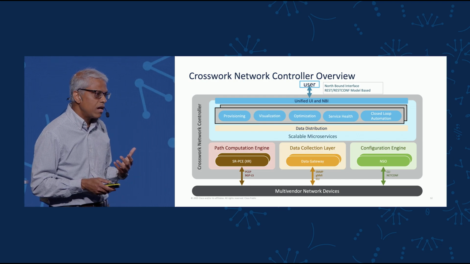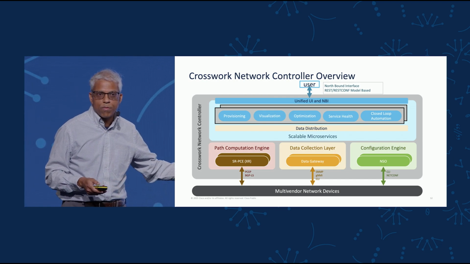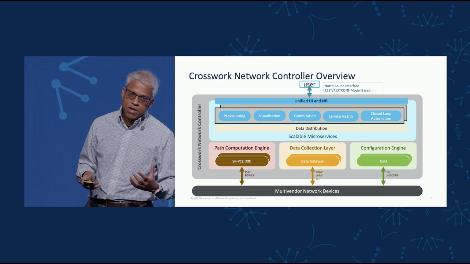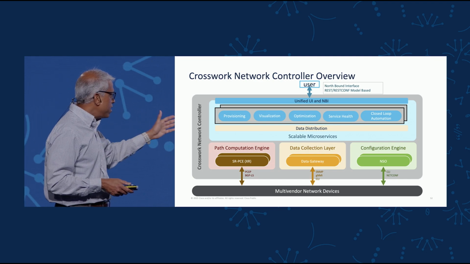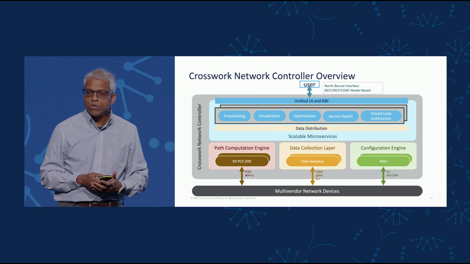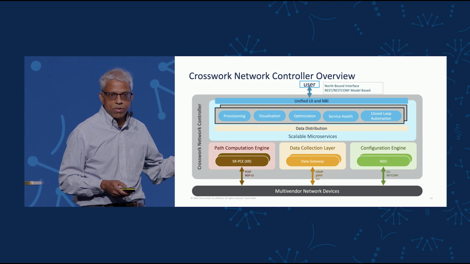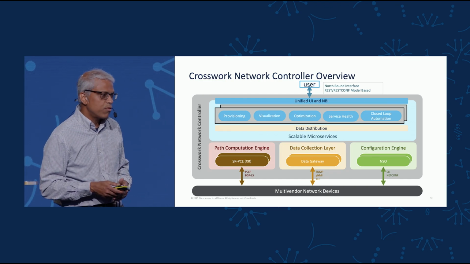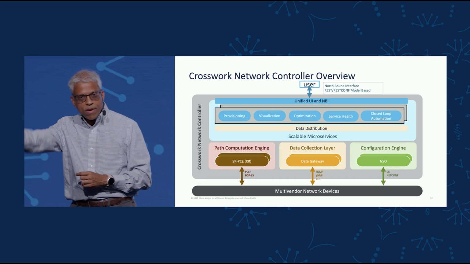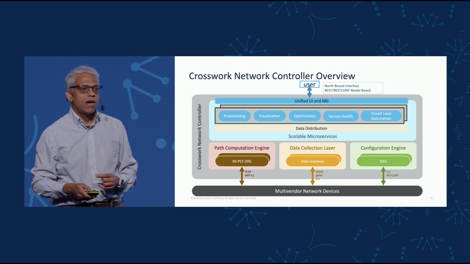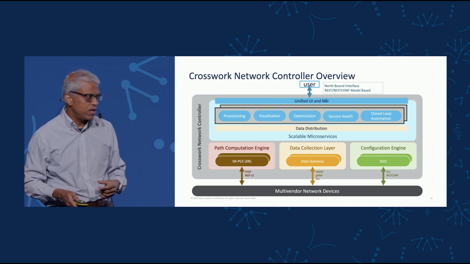We use the path computation engine that's built into IOS XR, and in this complex, it'll be deployed as an IOS XRv 9000, like a virtual router. You can even deploy it on a hardware router because it's just IOS XR, and then it talks to the devices using IETF standards: BGP link state and PCEP, the Path Computation Element Protocol. This is the protocol that routers, head-ends, use to ask for paths or to report paths, and then a PCE is able to use this protocol to reply with the path calculation.